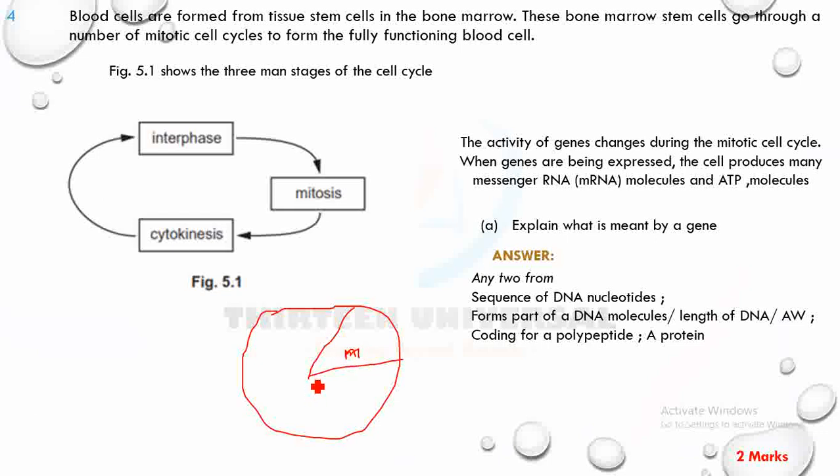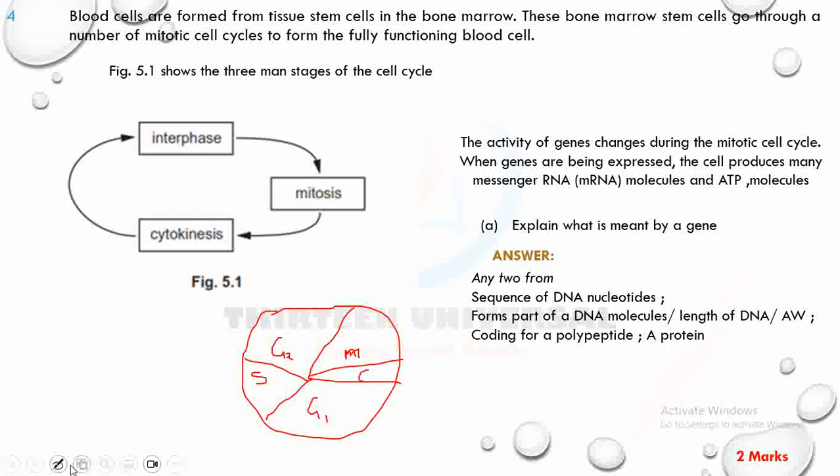This is cytokinesis. Now we have the first stage here of interphase, which is G1. This is S phase, this is G2. So interphase has 3 substages.